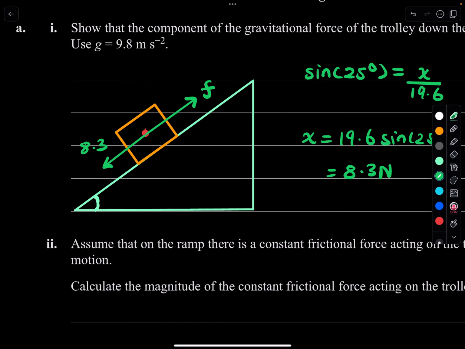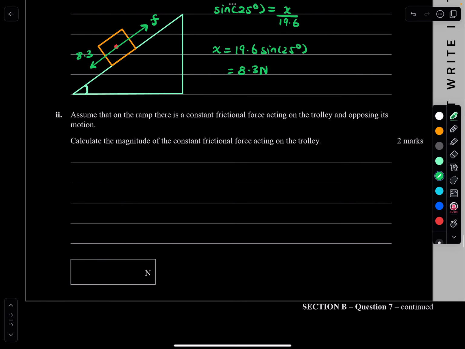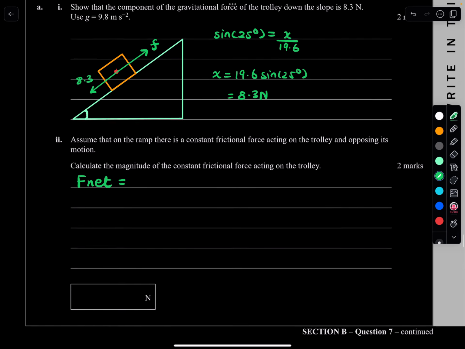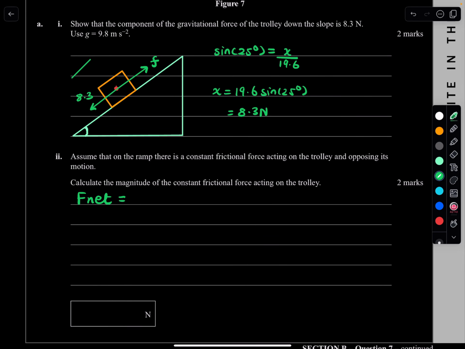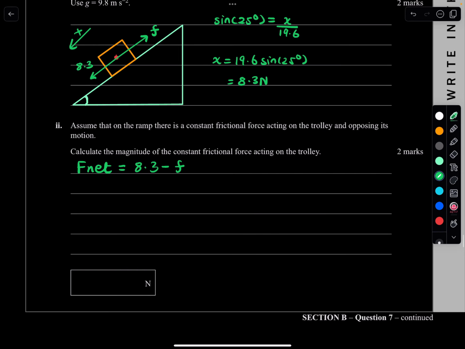I'm going to call it F for friction. So your net force, F net, is the addition of these two forces. We're going to take down as positive, by the way, because it's going down. So it's going to be 8.3 minus your frictional force. And your F net is mass times acceleration. What's our mass? It's 2.